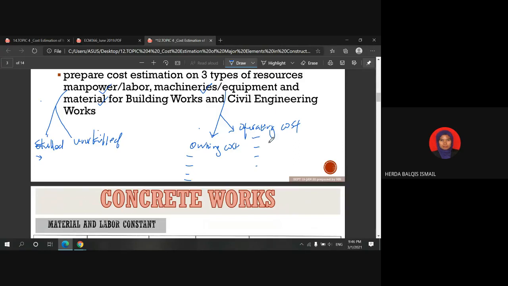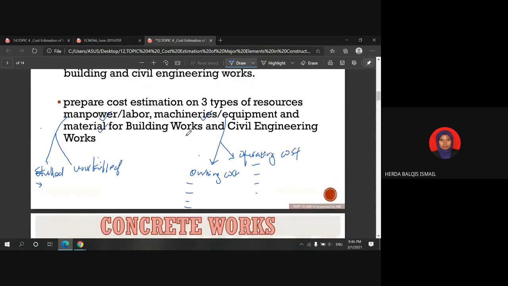operating costs. Right? So for materials, it depends on the scope of work. In this context of discussion, we are focusing on the concrete.